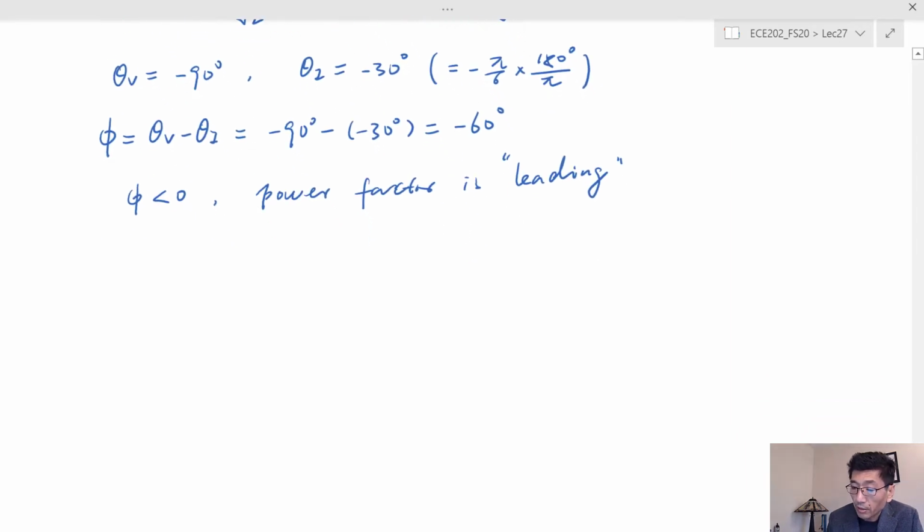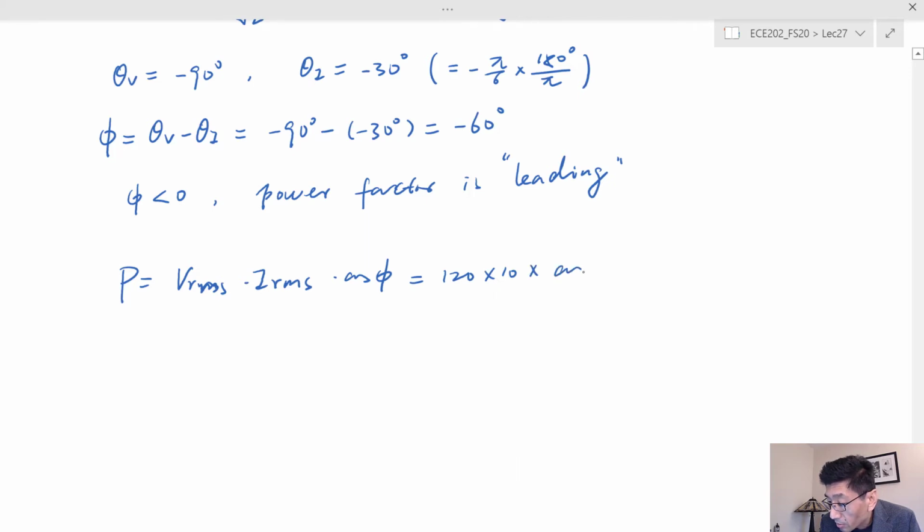And then we can do the calculations. P is just equal to V RMS times I RMS times cosine phi, which is 120 times 10 times cosine of negative 60 degrees. Cosine is an even function, so cosine of negative 60 degrees is still a half, right? So we get 600. By the way, the unit for the real power or the active power is watts.